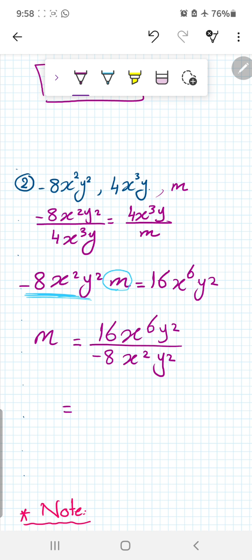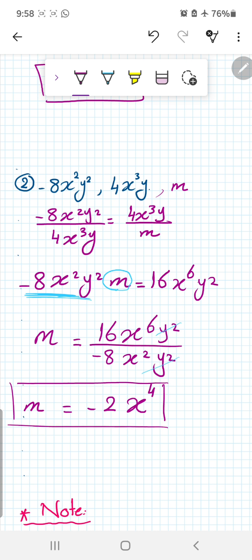So 16 divided by negative 8 is negative 2. X power 6 divided by X power 2: in division, subtract the powers, so 6 minus 2 equals 4, and cancel Y power 2 with Y power 2. So here the third proportion equals negative X power 4.